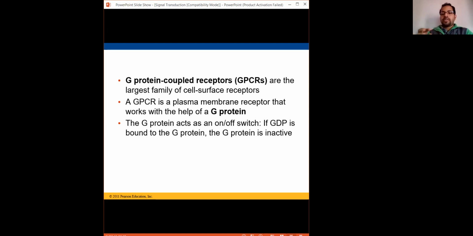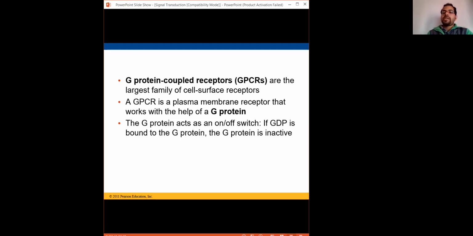You can easily understand from the name, G protein coupled receptor. It is a receptor which is acting with the help of another protein, which is the G protein. That's why the name is G protein coupled receptor. G protein acts as an off on switch. Now we will see the mechanism of this.